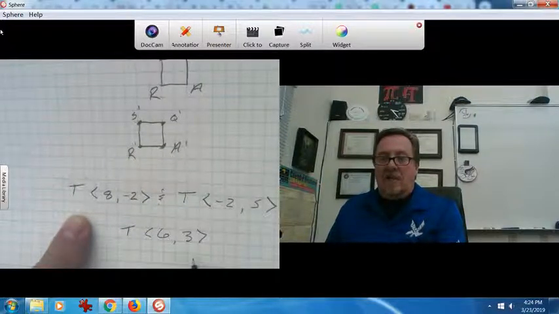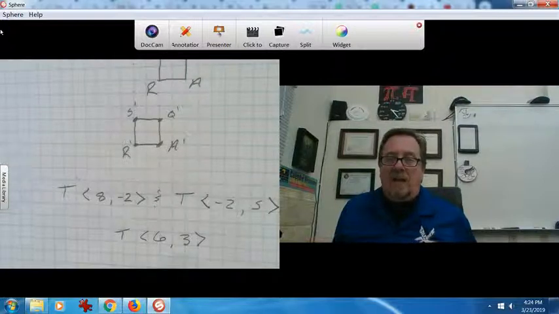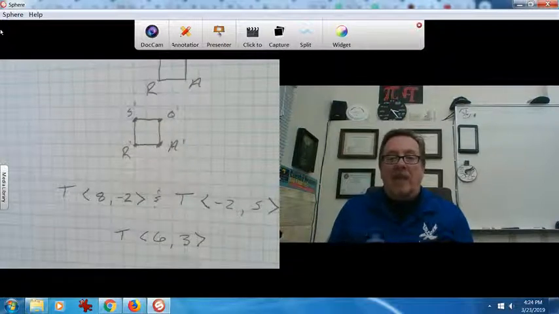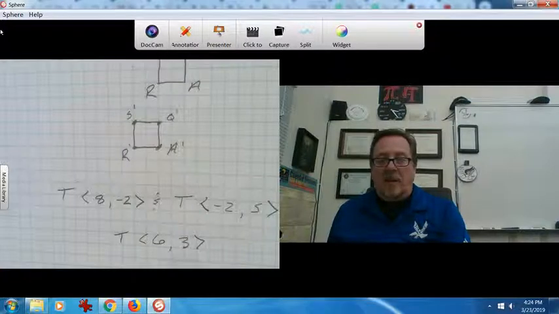That's my final one, and we could compose 2, 3, 4, 5 of these together. We just add all our x's together, write it down, add all the y's together, and write that down, and that becomes the full translation.